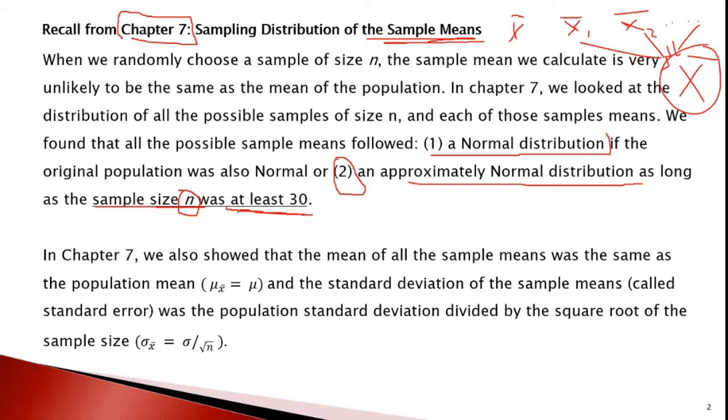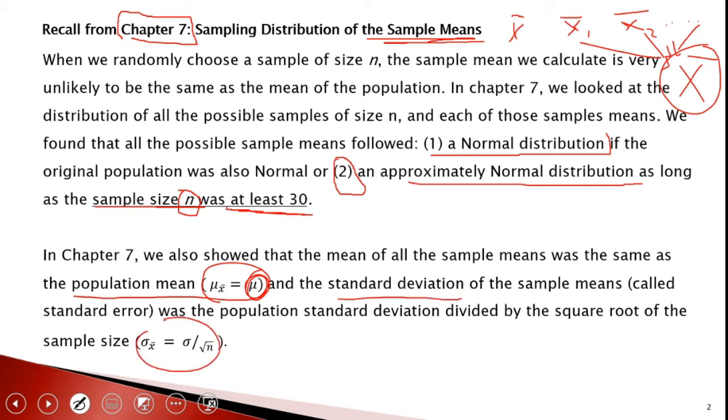At the same time, I told you that the mean of the sample means equals the population mean. You can see here mu x bar equals mu, where mu is the population mean. Also, the standard deviation sigma x bar is calculated by sigma, the population standard deviation, divided by the square root of n. This is what we did in chapter 7, so you need this idea to move on in chapter 8.